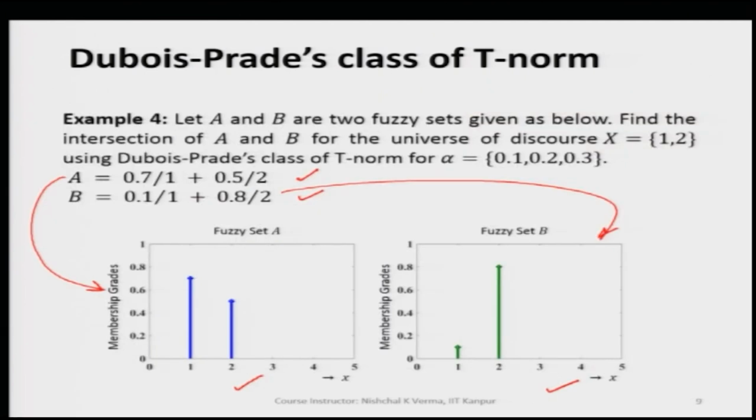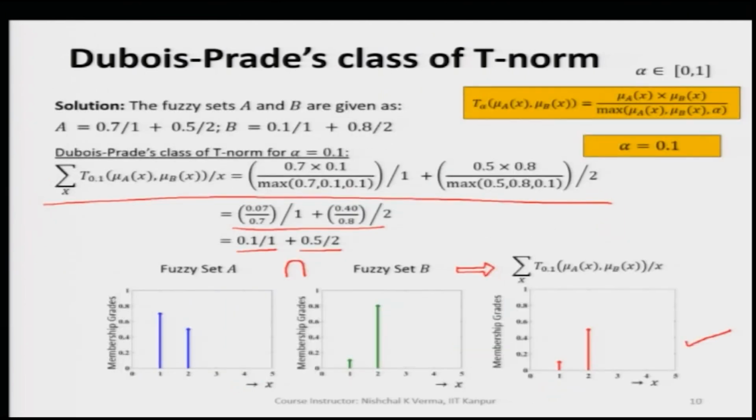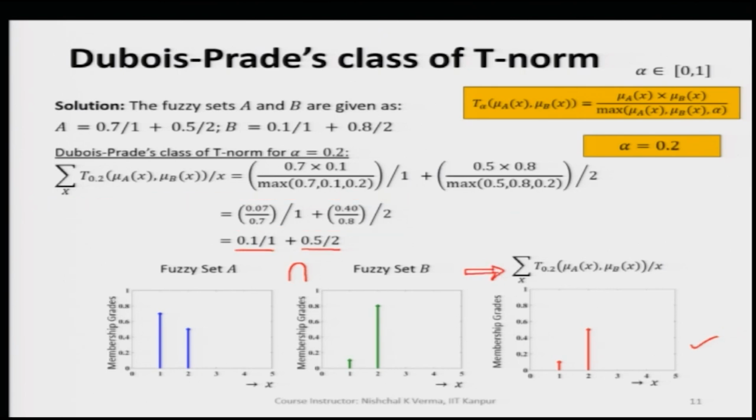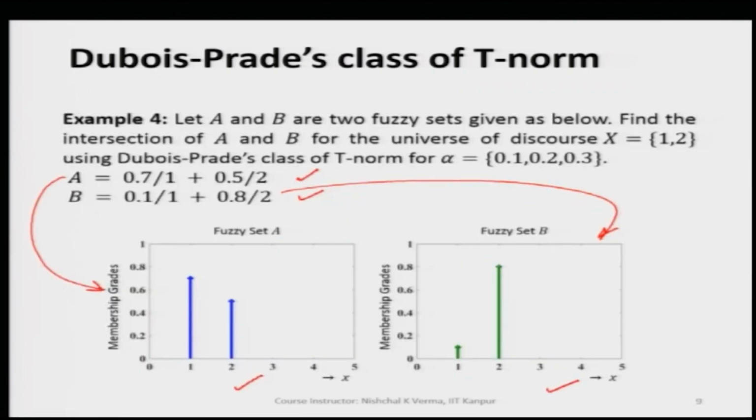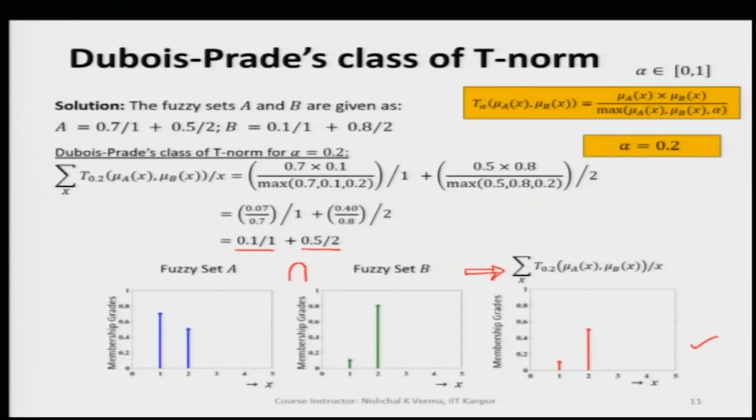So, let us now quickly go to the first case where we took alpha equal to 0.1. So, you see here 0.1, and then when we change the value of alpha to 0.2, we see that there is no change in the output, there is no change in the membership value even when we change the value of alpha.